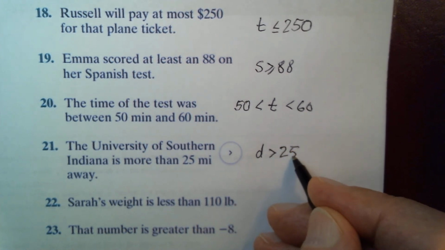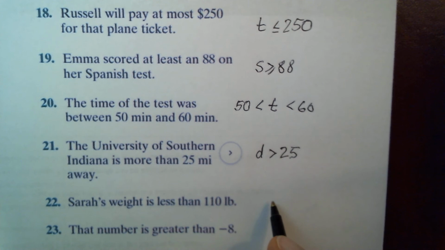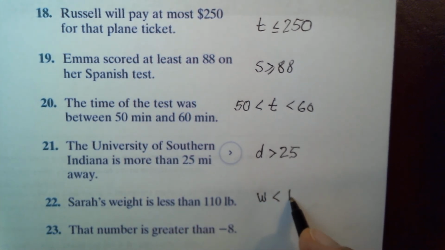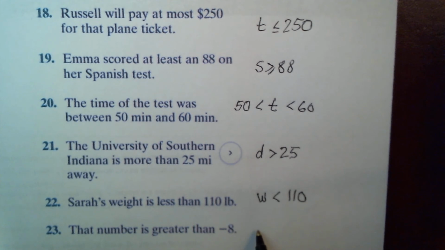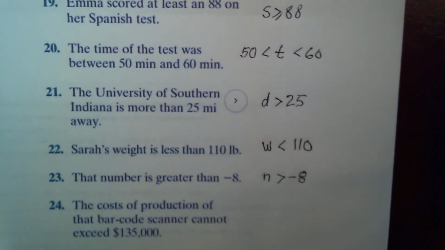It's more than 25. And at number 22, Sarah's weight is less than 110 pounds. So if W is Sarah's weight, then W is less than 110. And that number is greater than -8. So if N is that number, greater than -8, there would be that inequality.